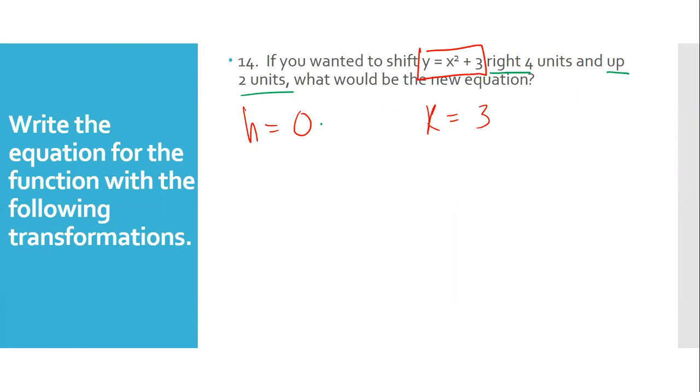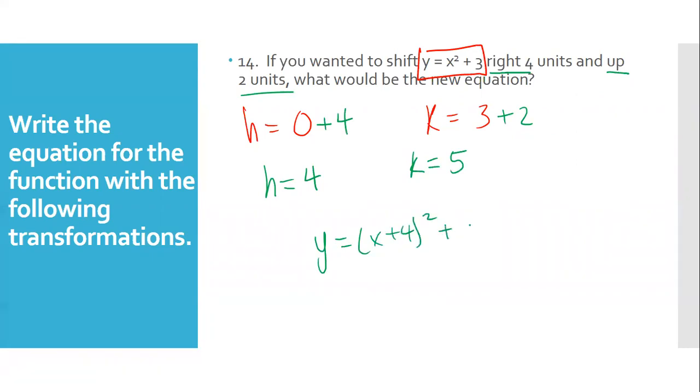H. So what am I going to do to h? Add 4. And I want to go up 2 units. So what am I going to do to my k? Add 2. My new variables are 4 and 5. So my new equation is y equals x plus 4 squared plus 5.